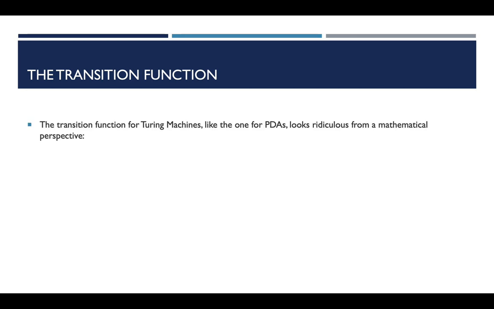The more complicated part of all of these machines that we've been talking about recently is really the transition function. That's where most of the complexity is. If we remember what the transition function for a PDA looks like, it looked kind of ridiculous, and from a mathematical perspective, the transition function for a Turing machine also looks kind of ridiculous.